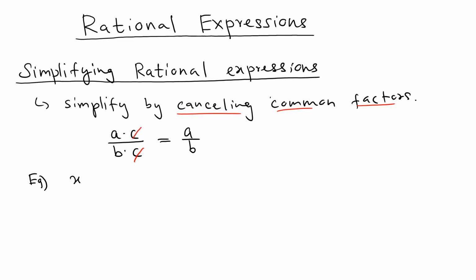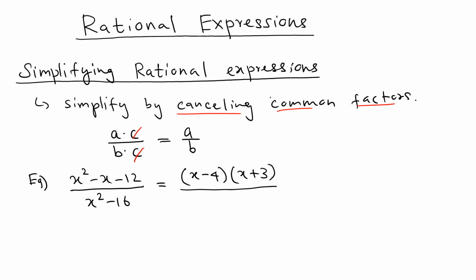Let's say we have x squared minus x minus 12 divided by x squared minus 16, and we know how to factor these kinds of expressions from the previous video. So we're going to factor the top. The factors of the top are x minus 4 and x plus 3.